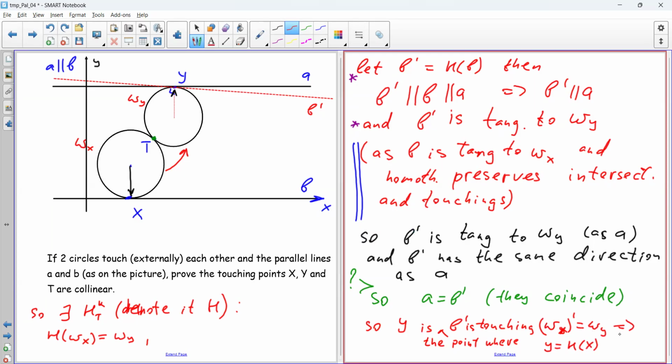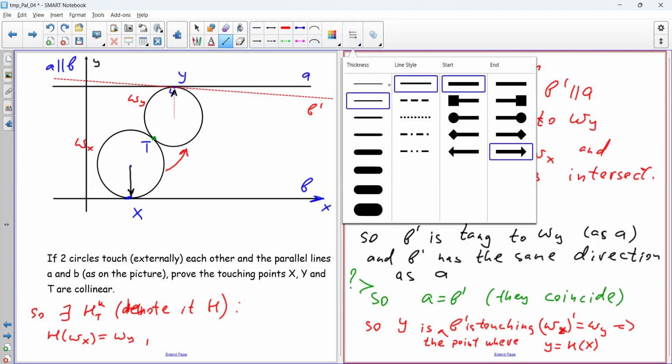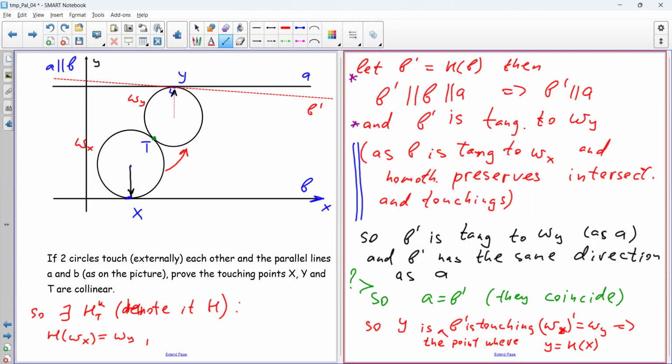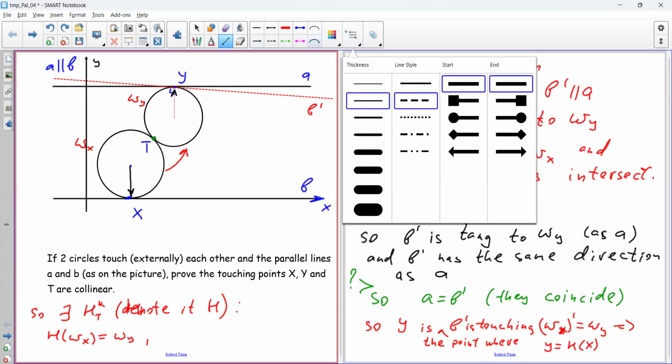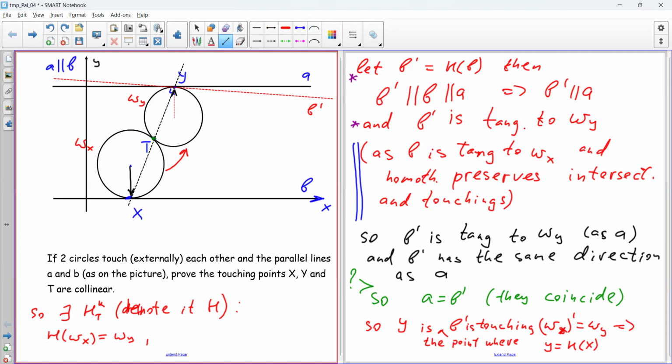But if it's the image of the homothety, then by definition, the pre-image, the image, and the touching point must be collinear. Like this.